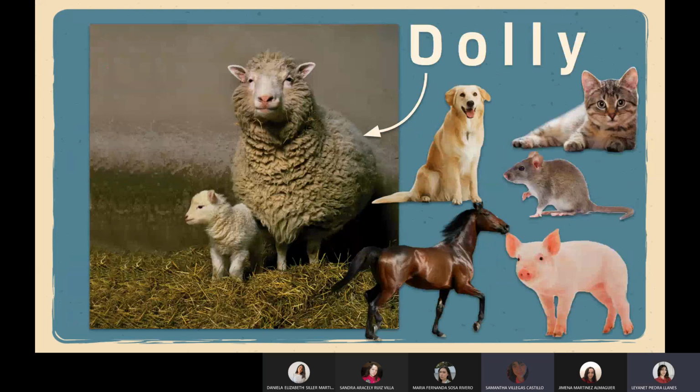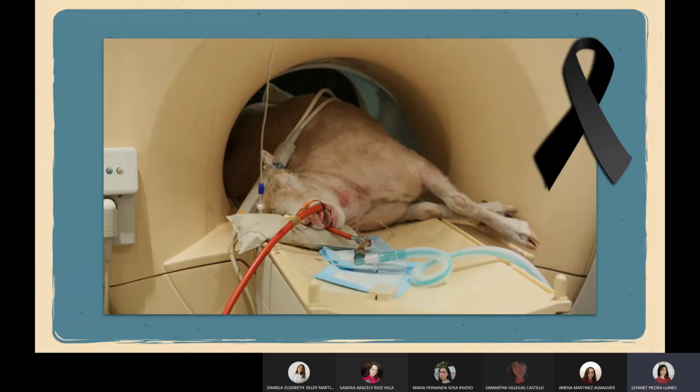This technique has allowed the obtaining of clones of other animals, such as mice, pigs, horses, dogs, and cats. However, the percentage of success in cloning is low, approximately 2 or 3%. Cloned individuals have a high probability of having genetic defects, and their health is diminished compared to animals born from sexual reproduction.